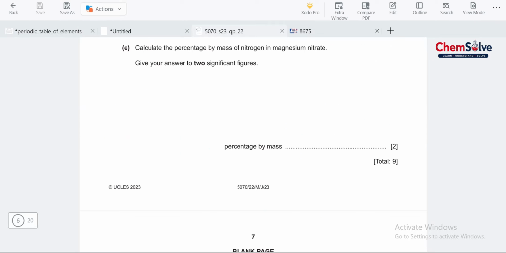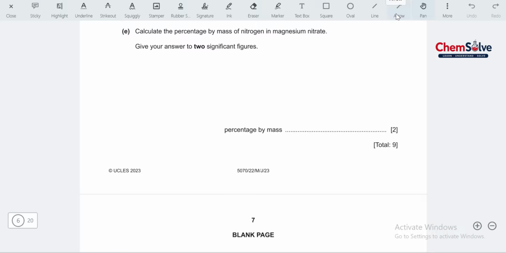Okay, so this is the question from the same topic in GCSE O level chemistry 5070. I have selected the paper from the GCSE O level this time. Okay, my dear student. So according to the question, we are asked to calculate the percentage by mass of nitrogen in magnesium nitrate.